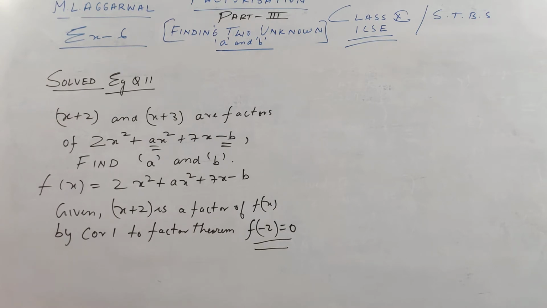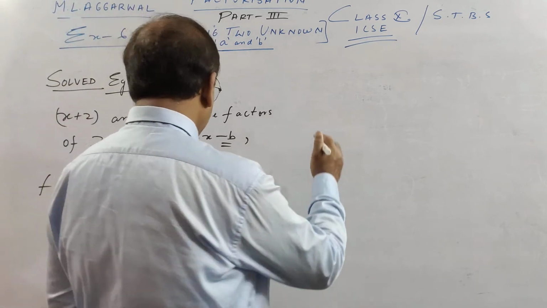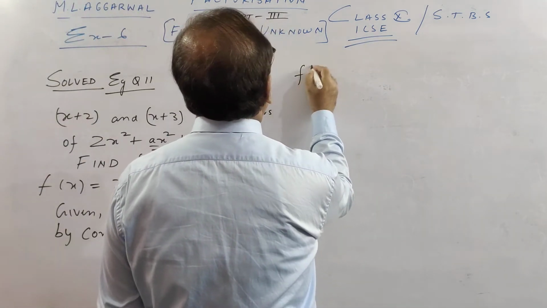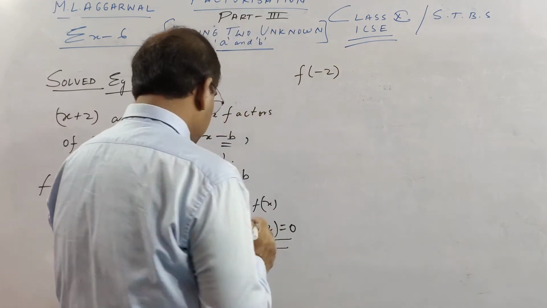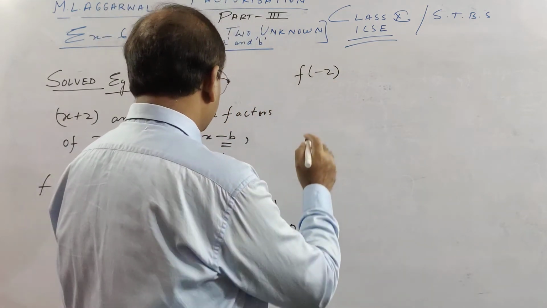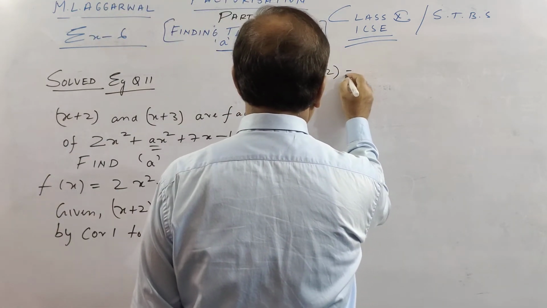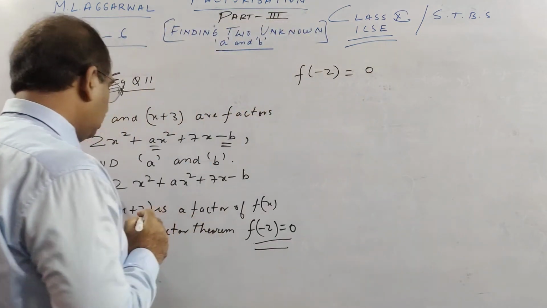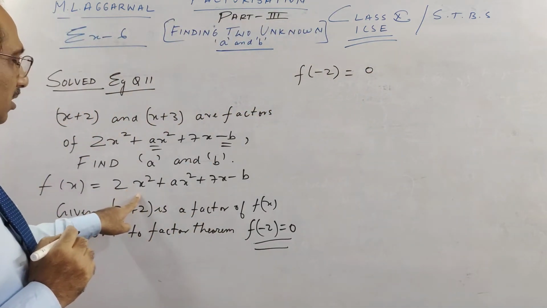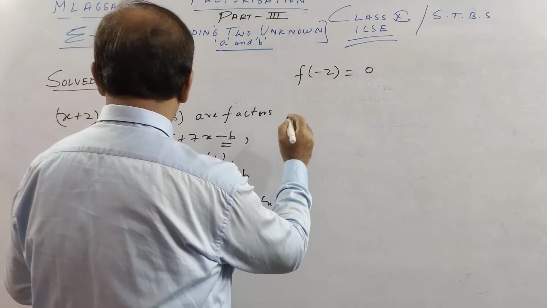So here what we do, we write f(-2) is 0. Wherever we have x, we will write minus 2.